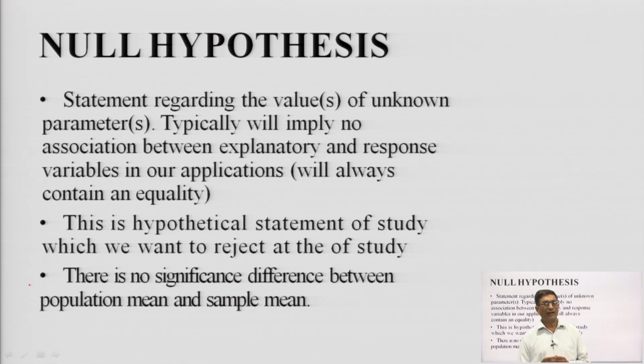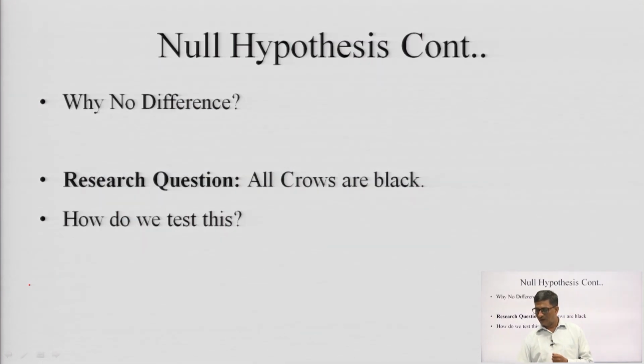So, we also say null hypothesis is a negation statement. So, why do we take no difference or negative statement or no association between explanatory variable and response variable in null hypothesis?